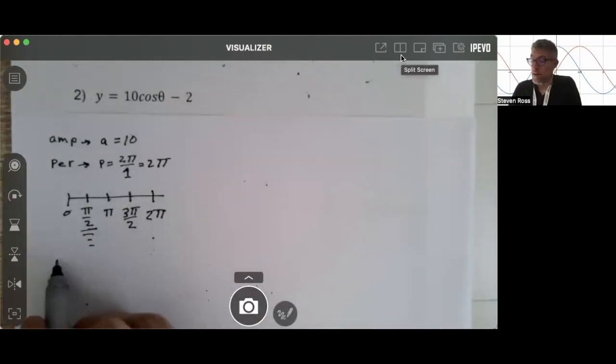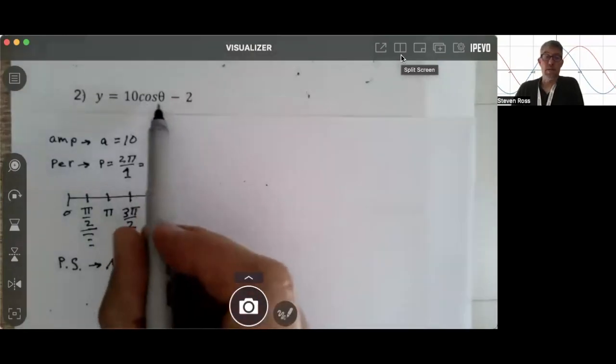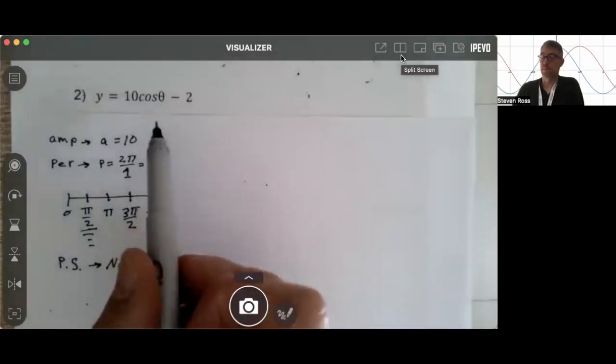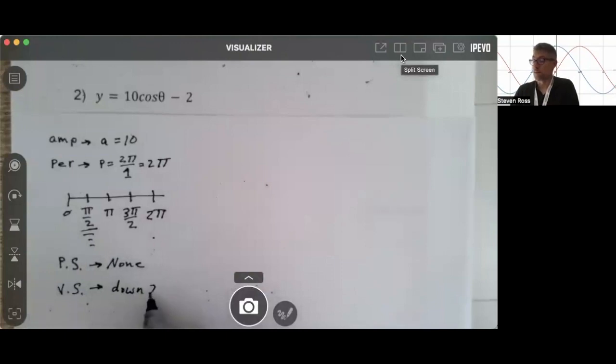How about a phase shift? Well, this one is nice because the phase shift is actually none. So I don't see anything inside the parenthesis moving left or right or whatever. So the phase shift is none. The vertical shift, well, there is a vertical shift, and it looks like the vertical shift is going to be down 2.